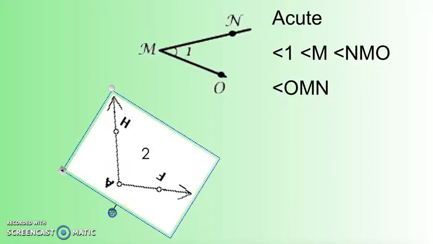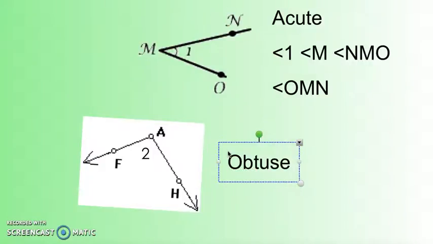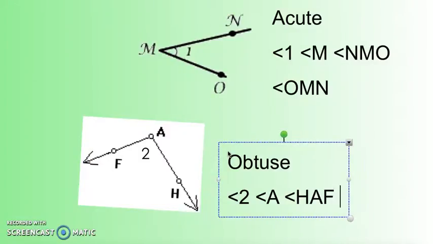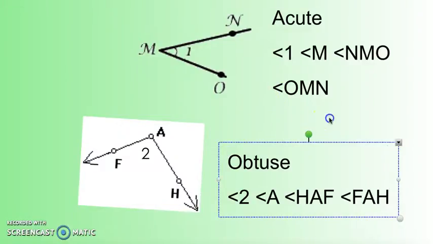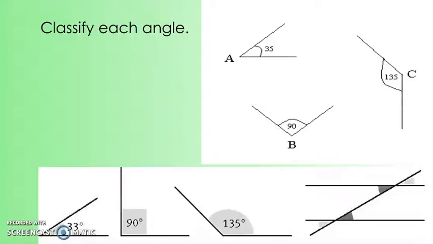So it looks like it's greater than 90. And so what is that angle called? Obtuse angle, right. It's an obtuse angle, and what are some different ways to name this? Yep, angle 2, angle A, then we could do angle HAF and angle FAH. Nice job.